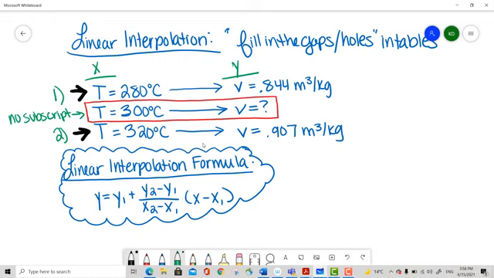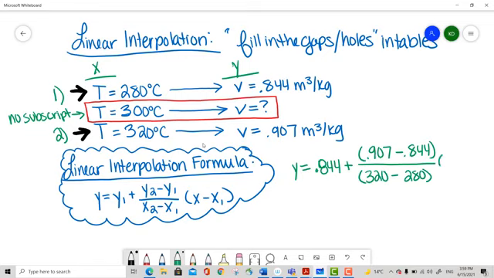So let's just plug in. We've got y that we don't know equals y1, 0.844, plus y2 minus y1, all of that over x2, so we go up to x2 which is 320, minus x1, which is 280.